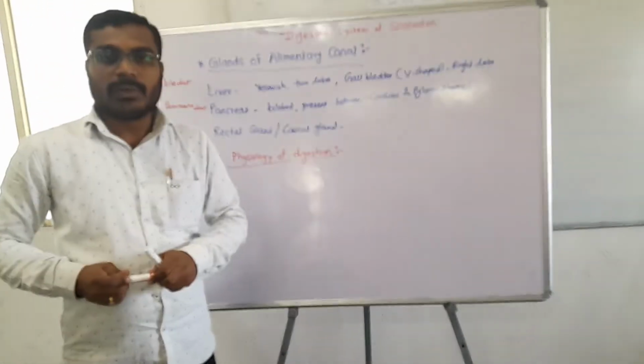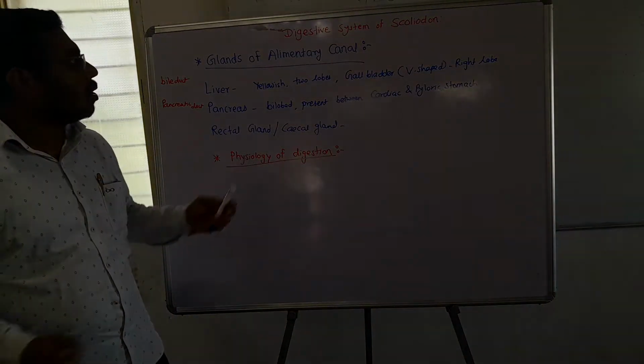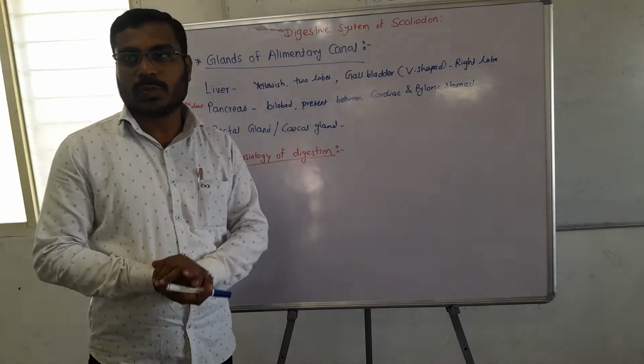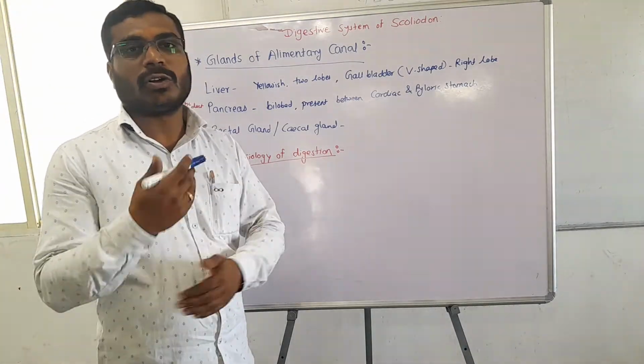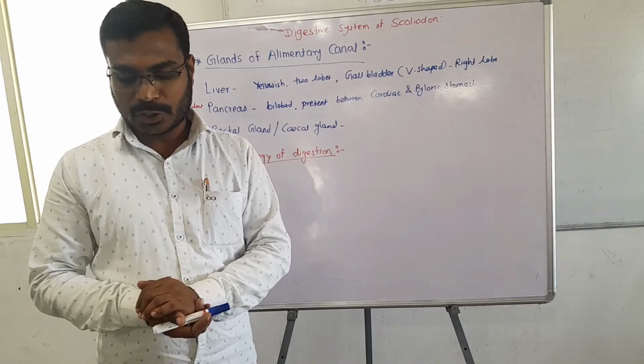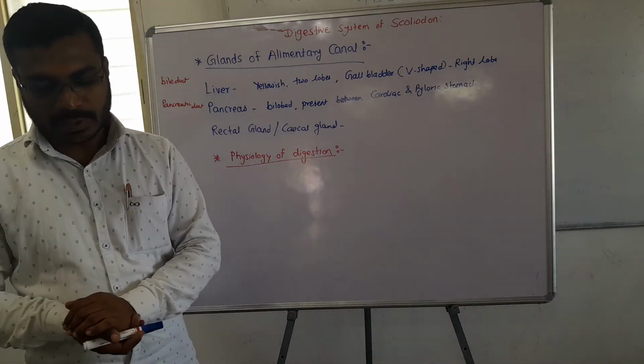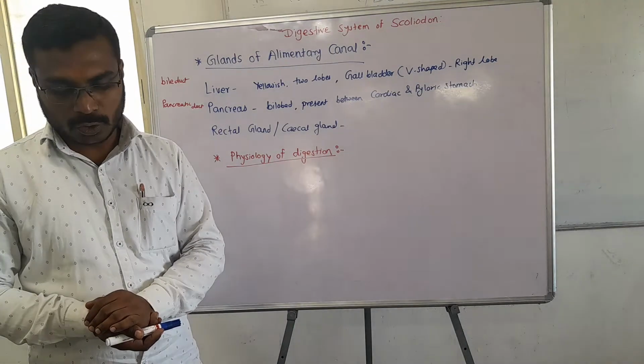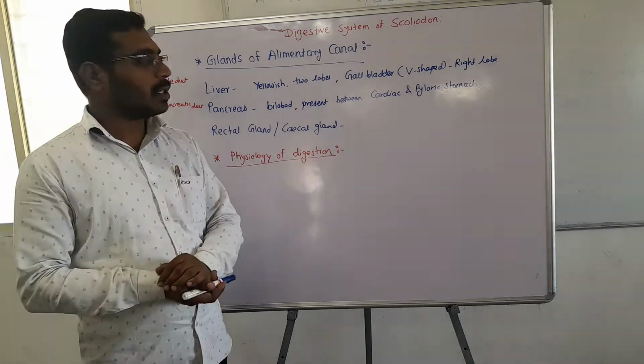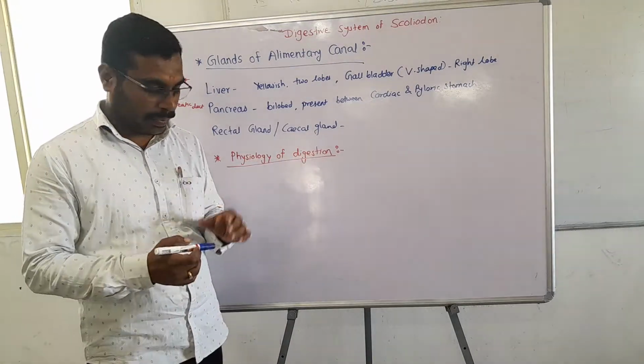As we know, Scoliodon is a carnivorous fish. It feeds on smaller fishes, and sometimes its diet also includes lobsters or spider crabs.